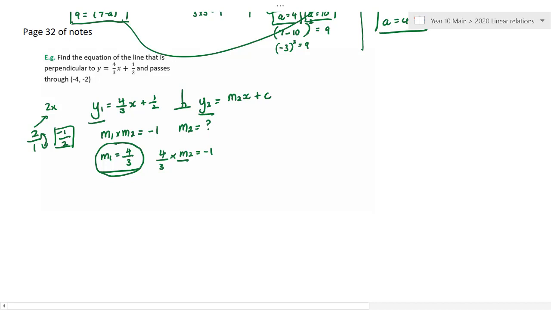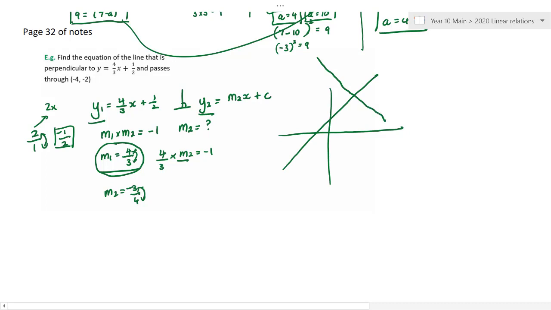Let's do the same thing over here. We flip those around and use the opposite sign, because two lines can only be perpendicular if they have opposite sign gradients, one a positive and one a negative. Otherwise they're never going to be perpendicular.